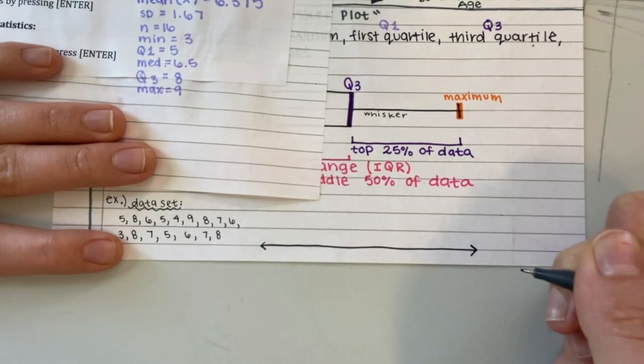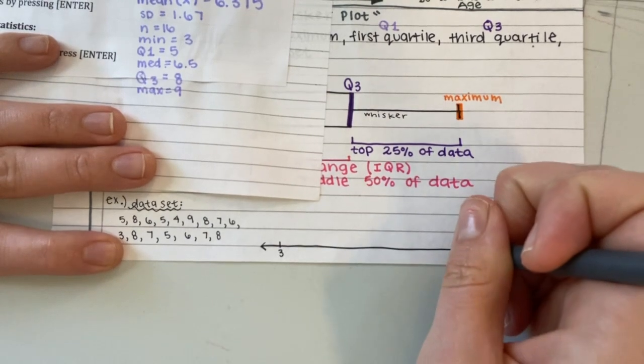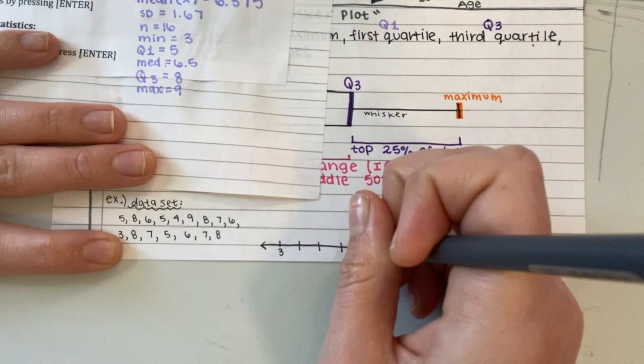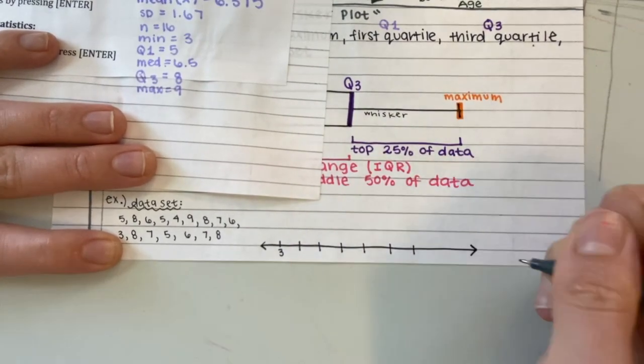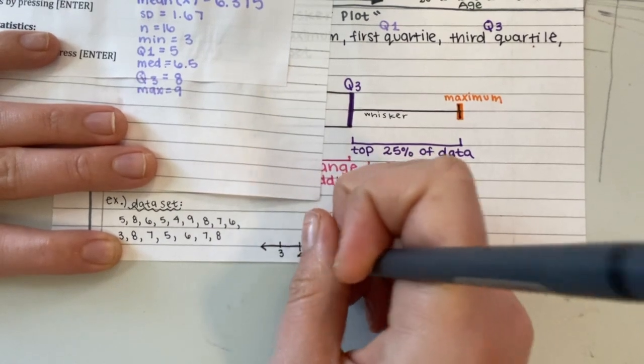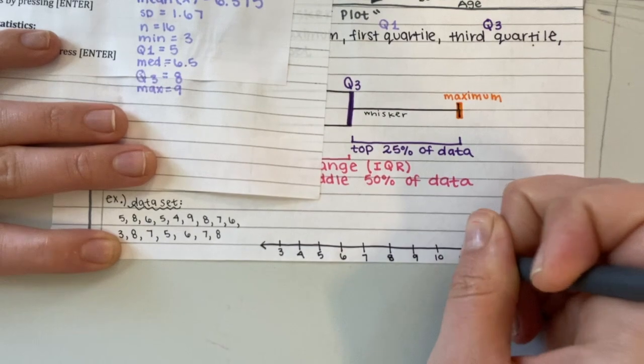I know my minimum is 3, so I need to have 3, and my maximum is 9. So 4, 5, 6, 7, 8, 9. So I didn't need to go that far, but I did. 4, 5, 6, 7, 8, 9, 10, 11.